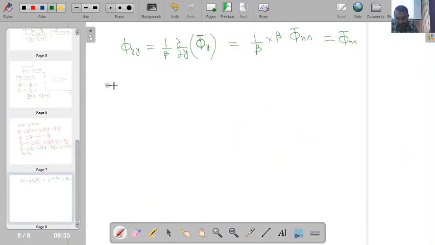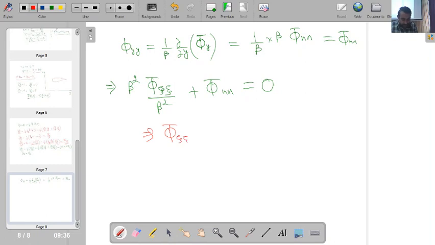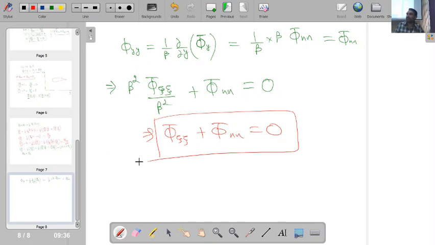If I replace these, I get beta square times phi bar zeta zeta by beta square plus phi bar eta eta equal to 0. So ultimately I am getting phi bar zeta zeta plus phi bar eta eta equal to 0. This is nothing but a Laplace equation.